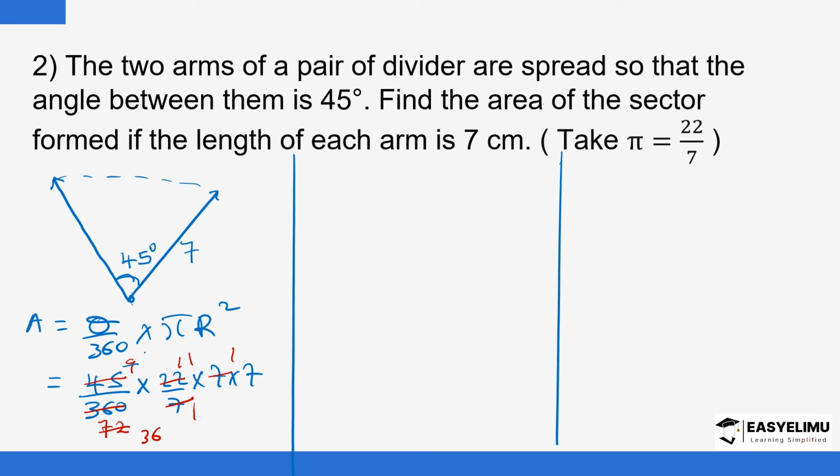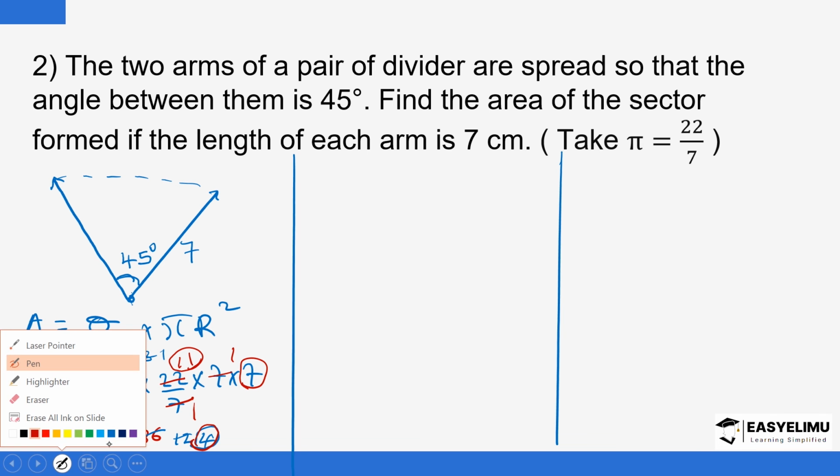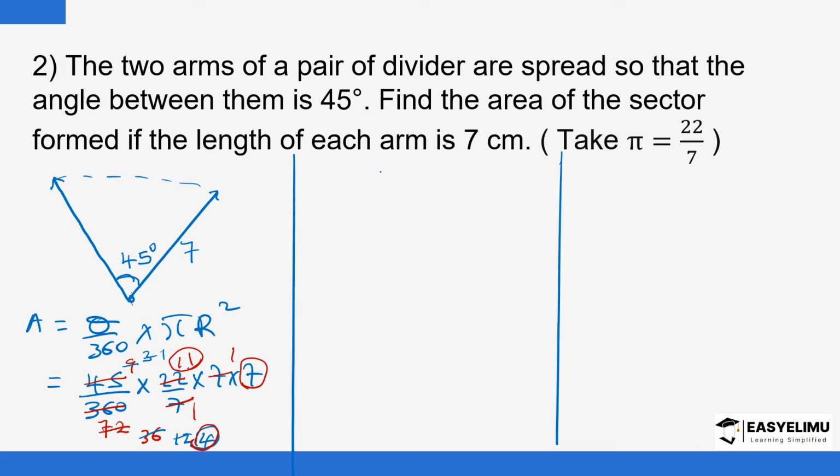So 3 into 9, 3 times. 3 into this, 12 times. 3 into this once, 3 into this 4. So that means in the denominator we only have 4. You only have this remaining. But up there we have 11 and we have 7. So it means what we are trying to find is 77 over 4.